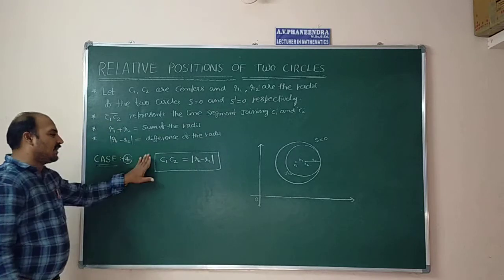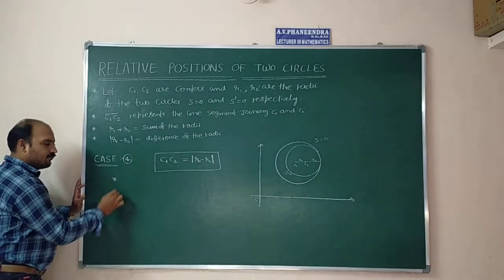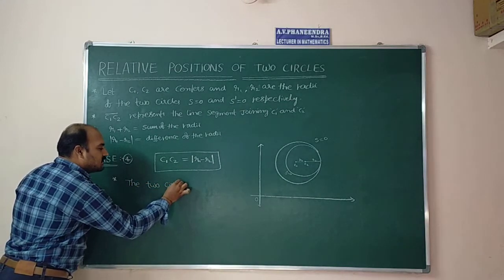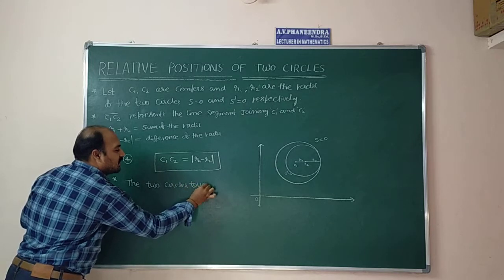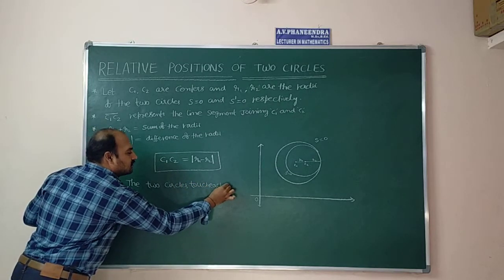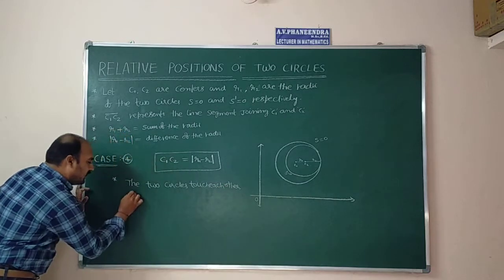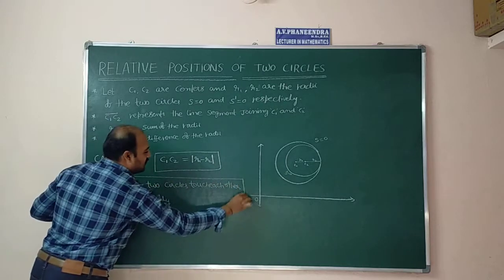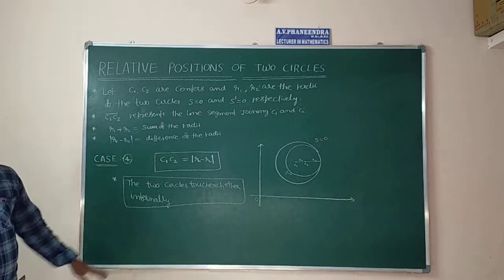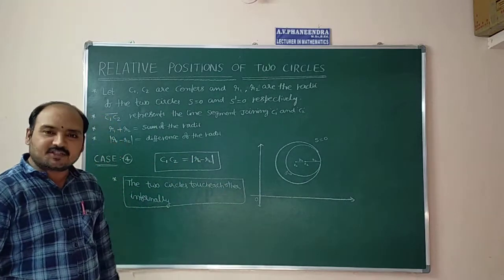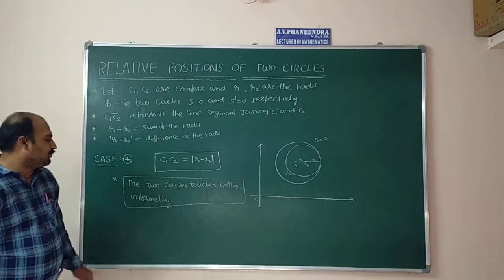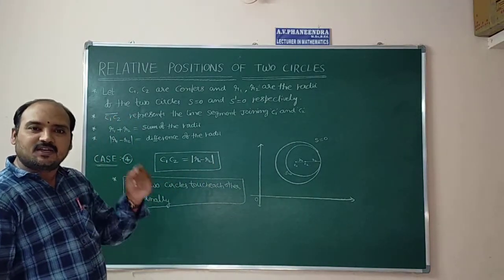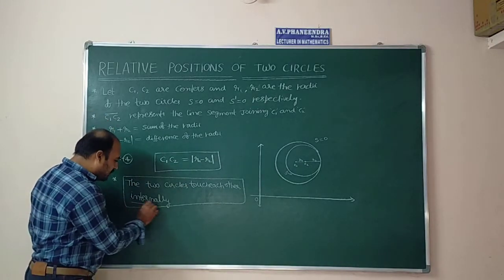Whenever this case comes, the two circles touch each other internally. Whenever C1 C2 is equal to mod R1 minus R2, the difference of radii is equal to the distance between their centers, then the two circles touch each other internally. You have to remember that, internally.